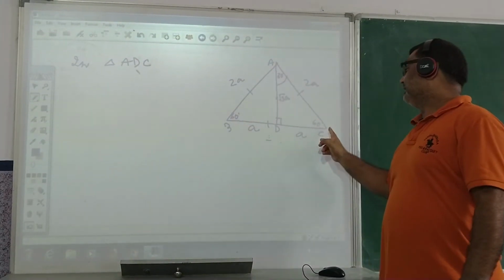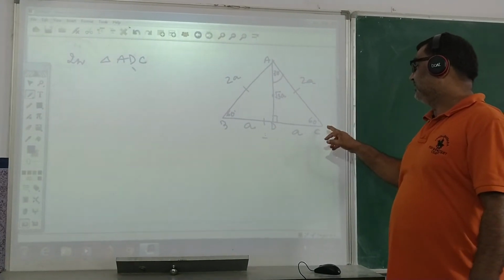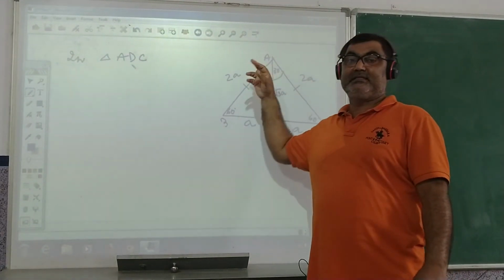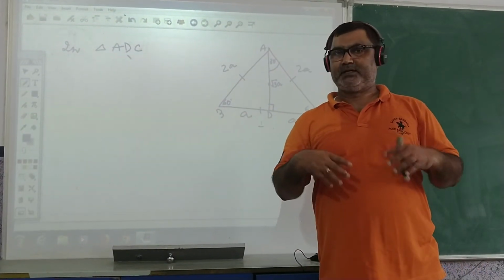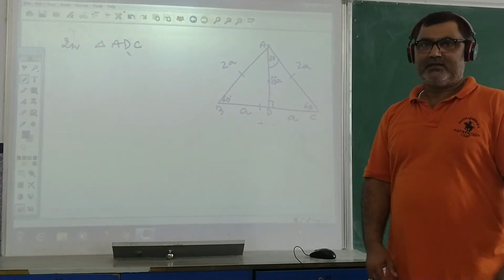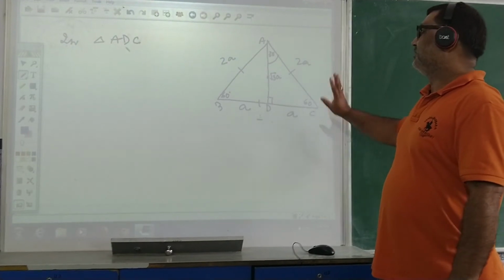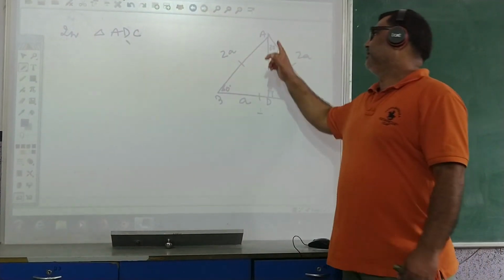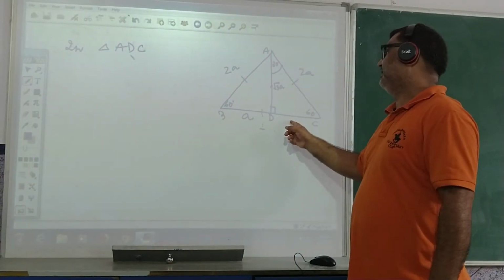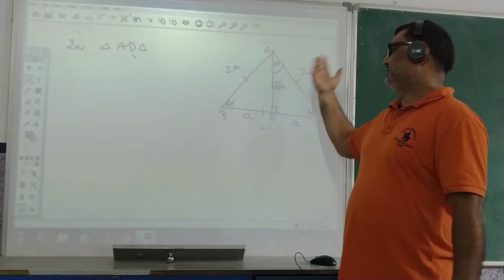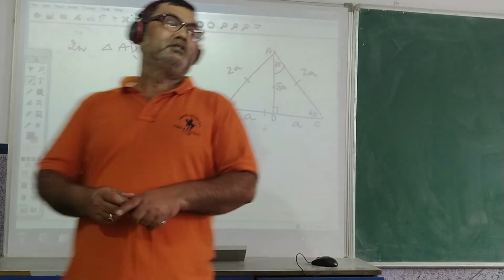If we consider C or A as the angle of reference, P and B change, but the hypotenuse remains the same. So for A, P is DC, B is AD, AC is the hypotenuse.